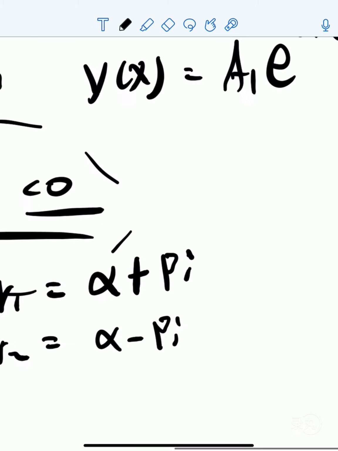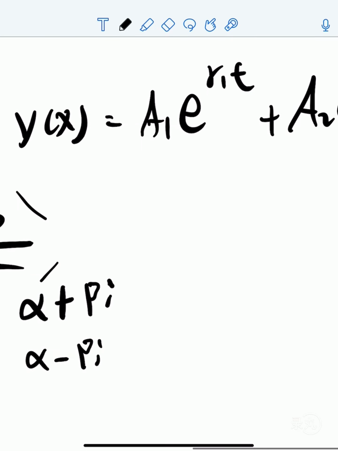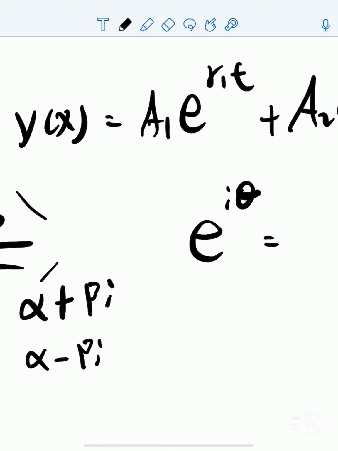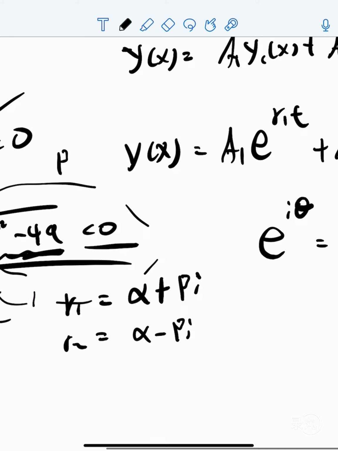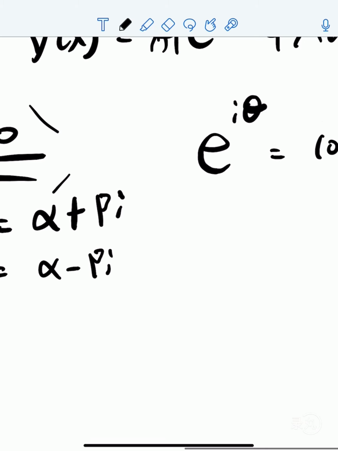You can search it up if you want. There's a formula for this kind of thing, which is e to the i x equals cosine x plus i sine x. If you want to prove this theorem, you can use the Taylor expansion for e^x, or e^z, because it's a complex number.